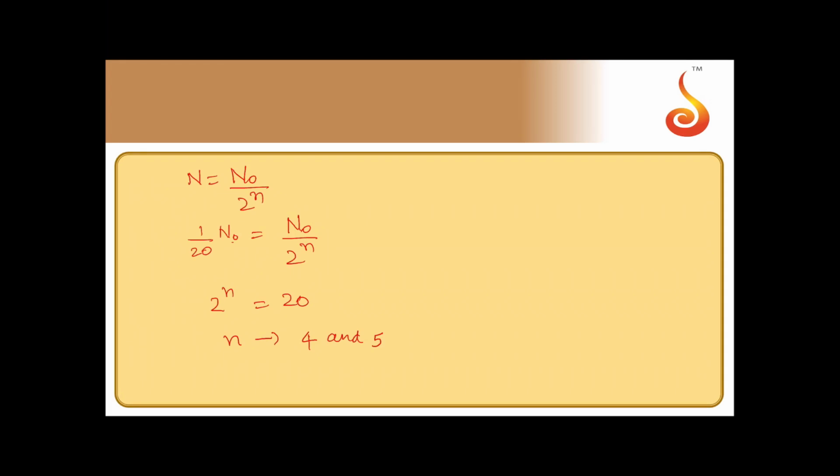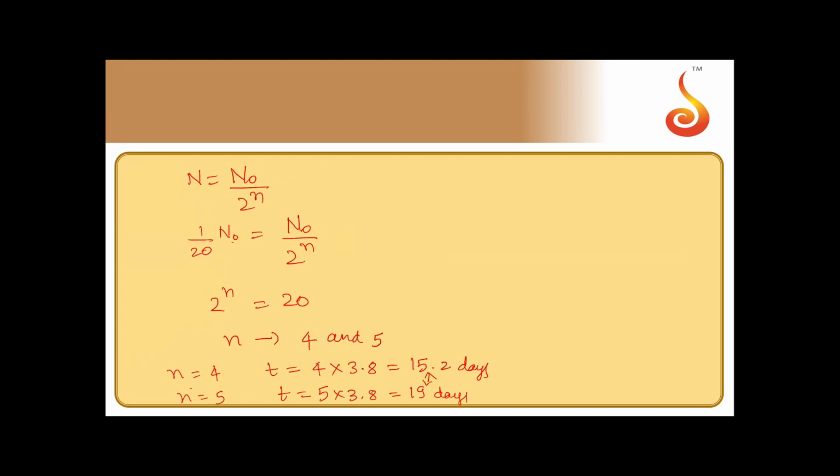So if n is equal to 4, then time taken should be n times half-life. Half-life is 3.8 days. So it should be 4 into 3.8, that is 15.2 days. If n is equal to 5, time taken should be 5 into 3.8, that should be 19 days.